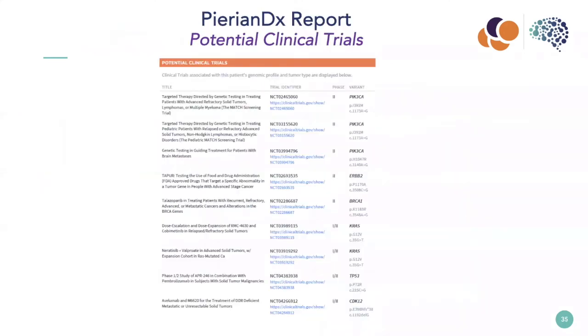And then, of course, the report also has a significant amount of value in terms of potential clinical trials, indicating that on a report by report basis, if there's an appropriate variant where there is an appropriate trial, the phase, the trial identifier, and the title of the trial is all provided as part of the report. So a very convenient way to go from fairly high density data across hundreds of genes into a very interpretable and robust report on a per patient basis.